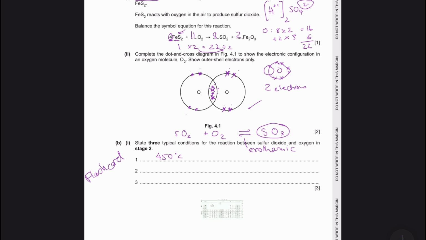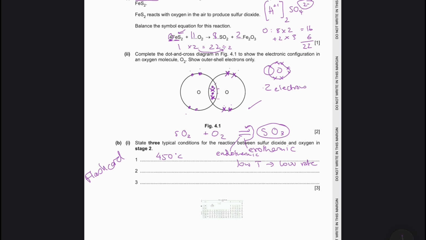If the forward reaction is exothermic, the backwards one is endothermic, taking energy from the outside. And if there's lots of heat on the outside, it's going to favour the backwards reaction, which means we ideally would like a low temperature. But if we have low temperatures, that means low rate of reaction.